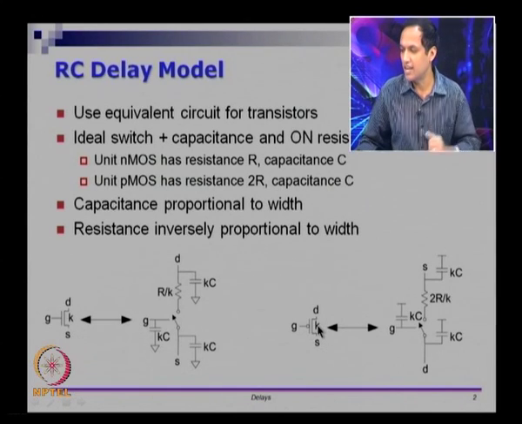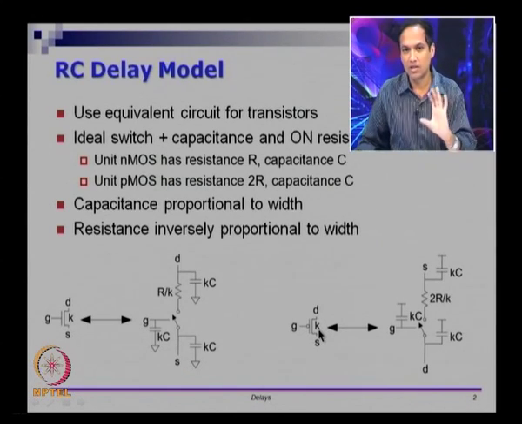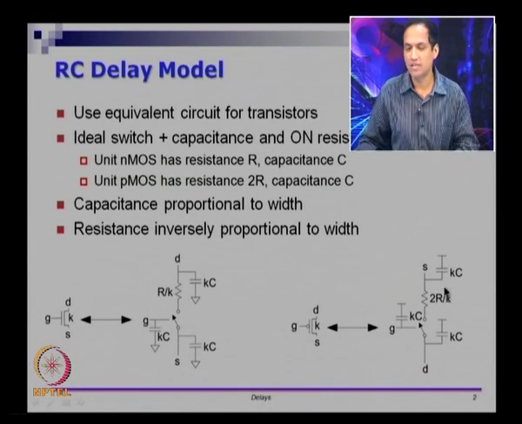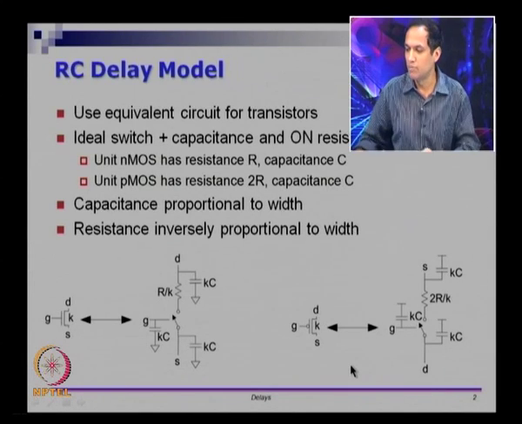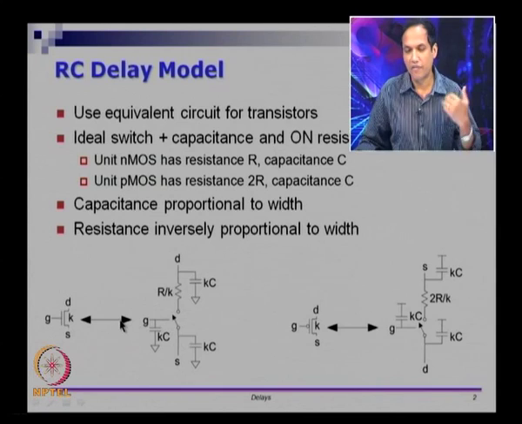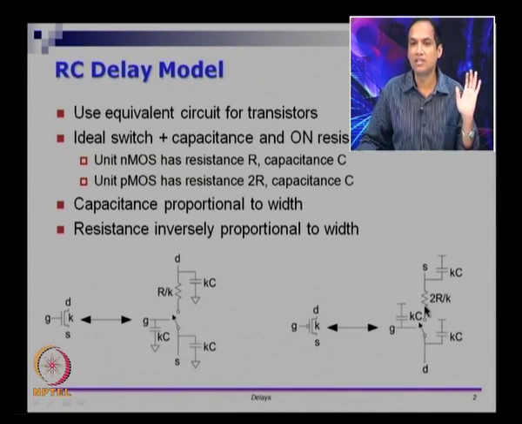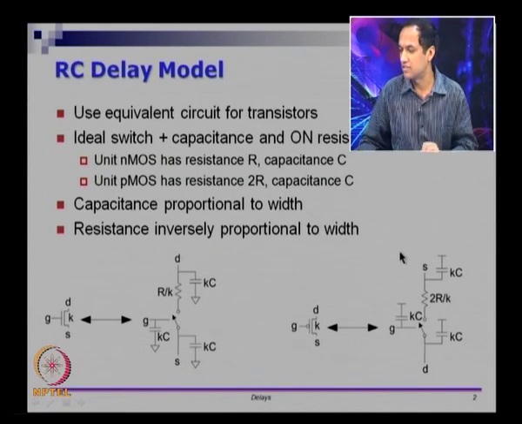However, if k is greater than 1, if I have a transistor that is wider, then all the capacitances go up by that fraction and the resistance goes down by that fraction. This is the basic setup behind a PMOS and an NMOS device. So, if I give you a CMOS circuit, I can take the NMOS devices, put this network there, take the PMOS devices, put this network there, and treat it as an electrical circuit instead of a semiconductor circuit.